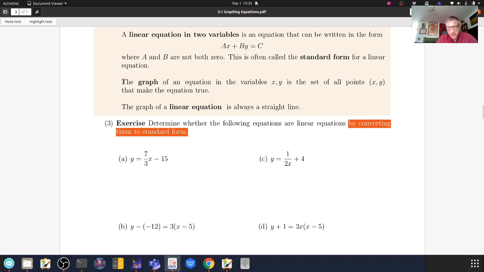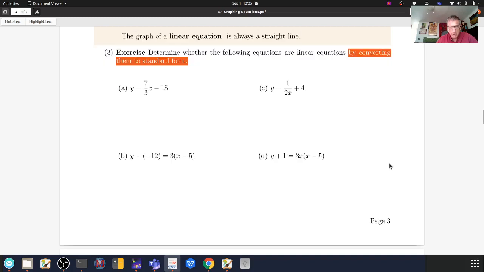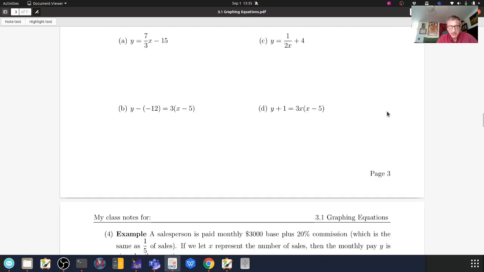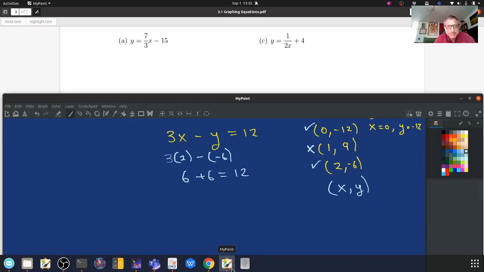We'll just take it for granted that the graph of an equation that is linear is always a straight line. But we're going to determine this by converting them into standard form. So we want to convert them to ax plus by is equal to c for some value c. So let's do it.